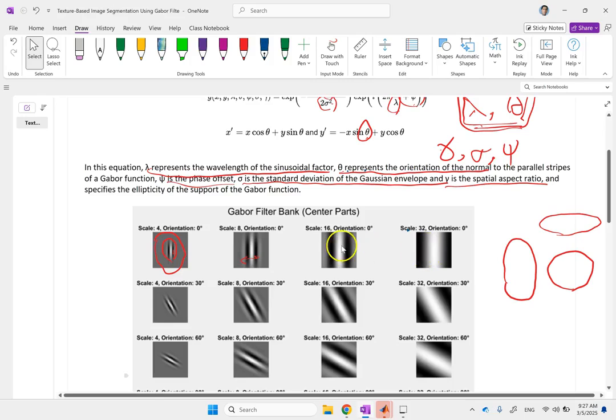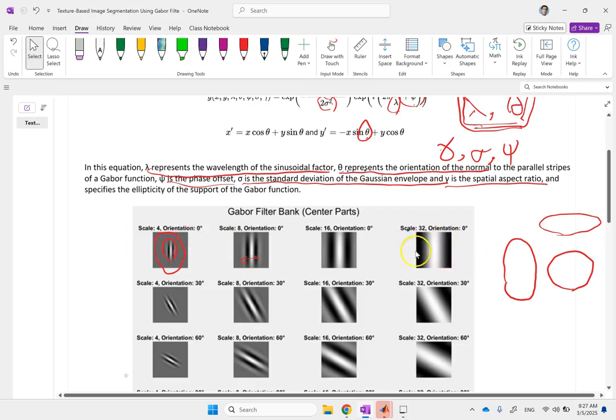Okay, and if you just show the entire kernel or the filter, you're going to see all of them look the same. Why? Because the ones that have a bigger wavelength are going to be bigger in size too. So maybe this one is like 64 by 64, this one is like 512 by 512. When you look at both of them, they look very similar.